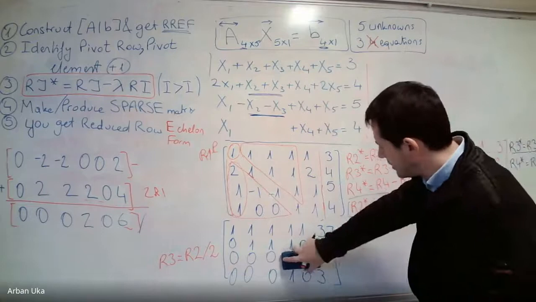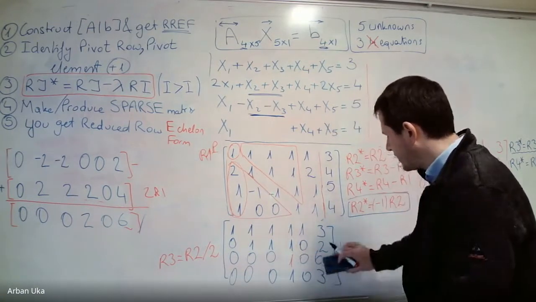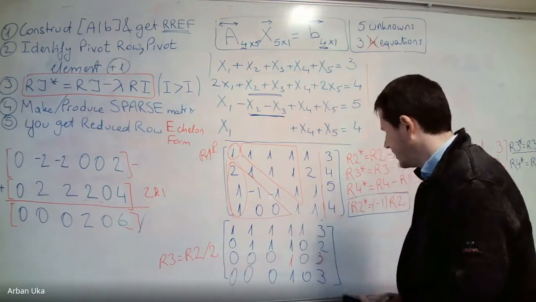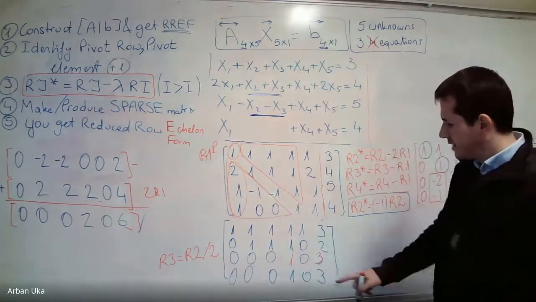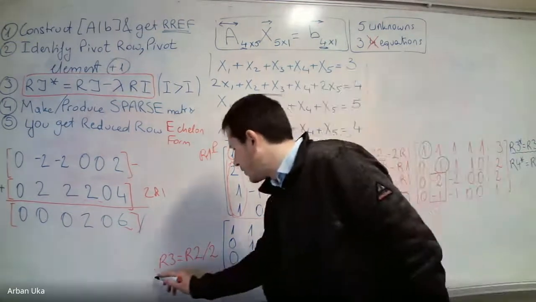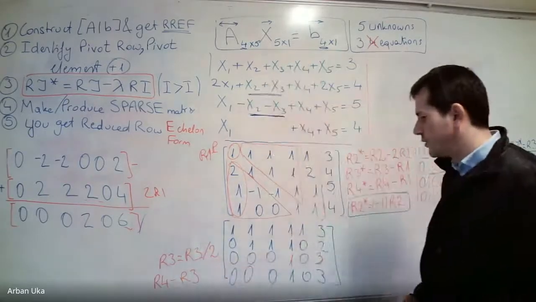If we do it, we make this 1 because we like to have leading ones. So we get 3. Okay? Then the next step is that we can do the following. We can do row 4. So there is row 3 is equal with row 3 divided by 2. You're right. Okay, this was a mistake. Sorry. Thank you for noticing that.